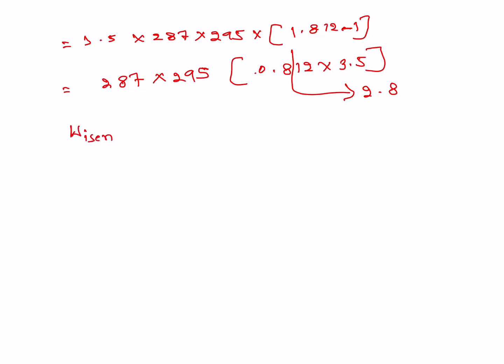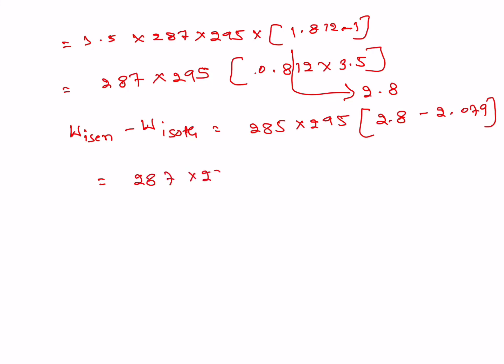So the difference you have to calculate. W isentropic minus W isothermal. 287 into 295 into 2.8 minus 2.079, that is 0.8.